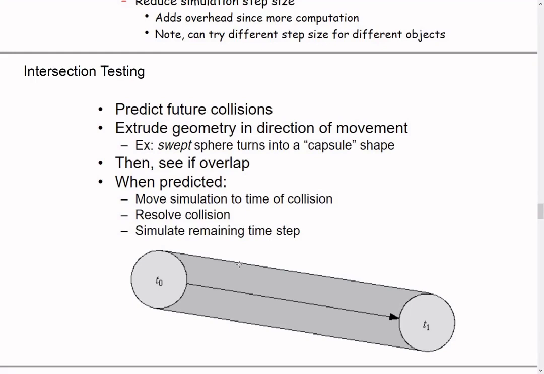Then it will resolve the collision. And then it will simulate the remaining time. Once it is predicted, it will move the simulation to the point of collision, then resolve it. Then the remaining time step will be simulated.